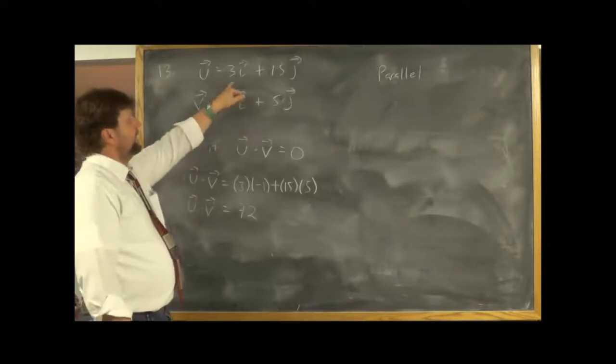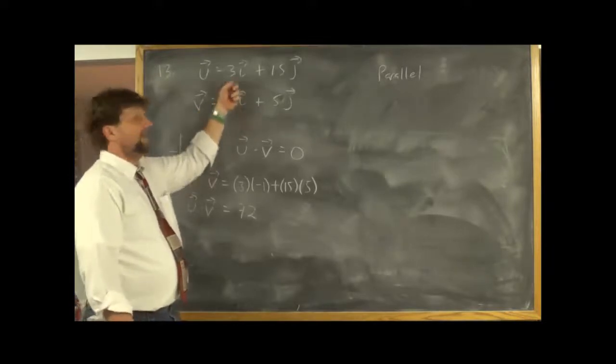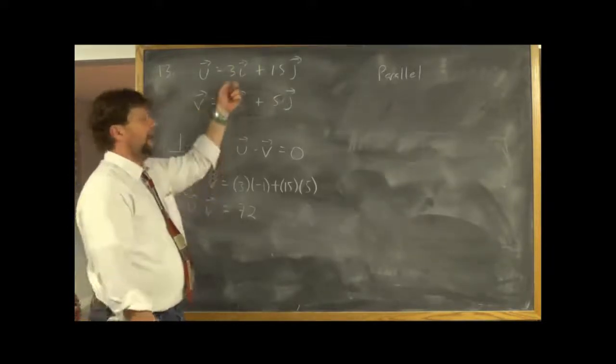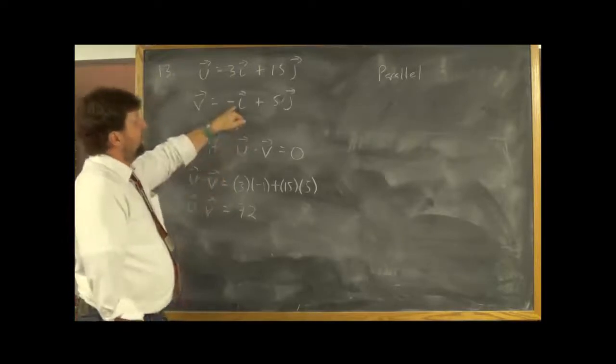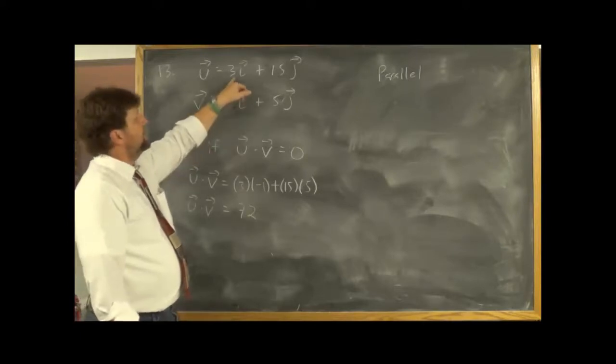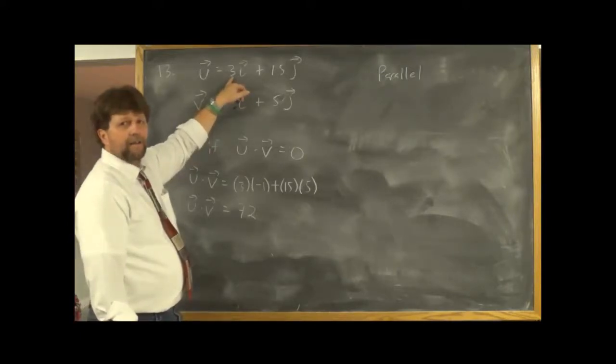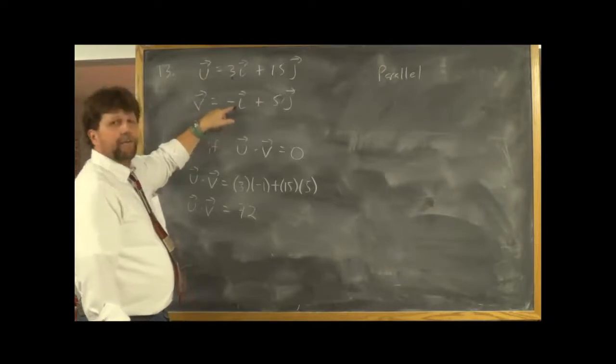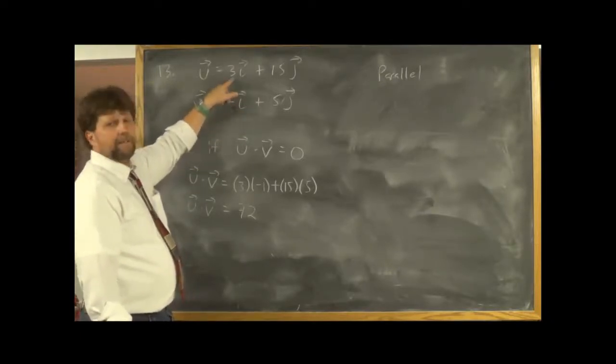I look at vector v and vector u, and I look at the numbers in front of the i component. What would I have to multiply this by to get a positive 3i? Well, that's a negative 1. I'd have to multiply it by negative 3 to get a positive 3i.